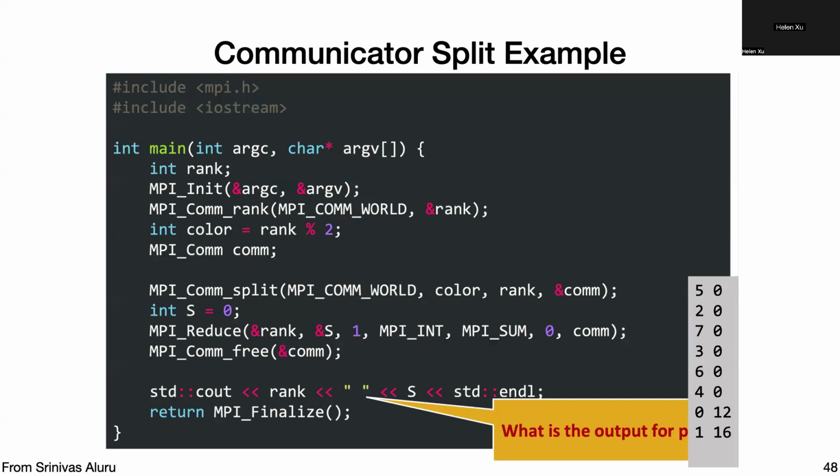And then the final result, we've reduced across the ranks. There are two communicators, even and odd. On 0, you get 12. On 1, you get 16, which is the result of adding up the initial ranks: the even ranks onto 0, the odd ranks onto 1.